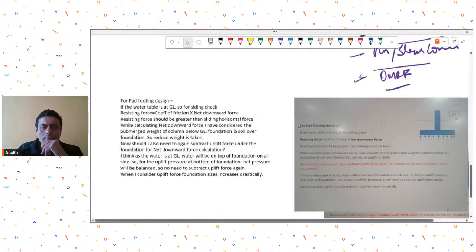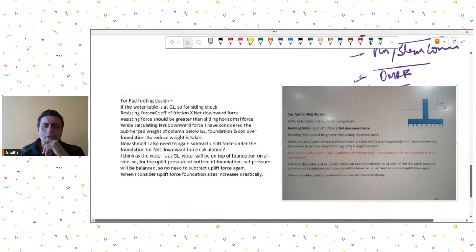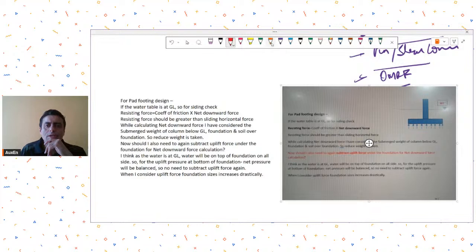He's saying for pad footing design, if the water table is at ground level, then for the sliding check, resisting force is equal to coefficient of friction into net downward force. Resisting force should be greater than sliding horizontal force. While calculating net downward force, I have considered the submerged weight of column below ground level, foundation and soil over foundations.